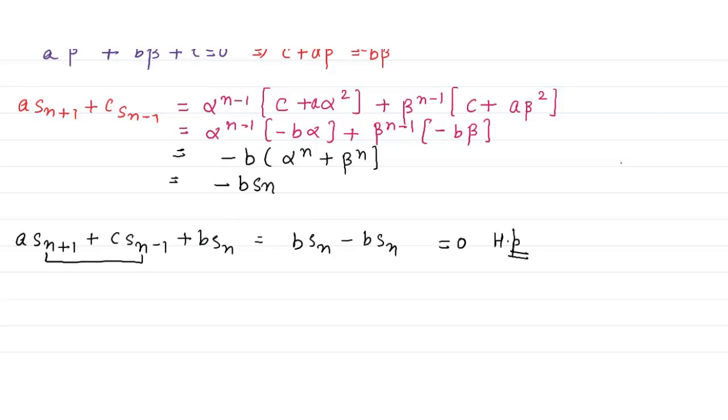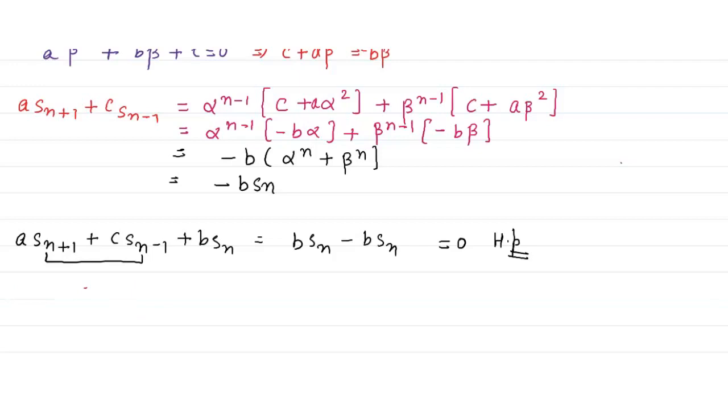This we have proved. Now the main part: what we have to find is S5. Now let's do it. If I just put in this expression, let me do one more step also. So this is equal to 0.